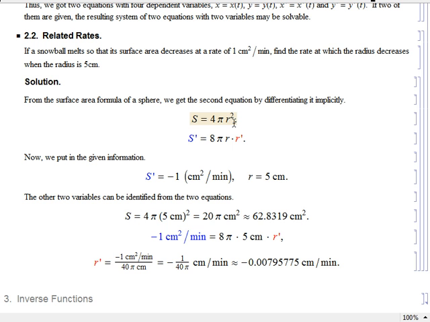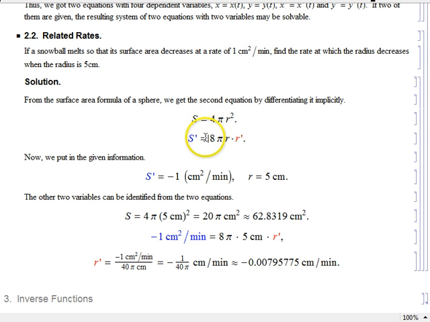If you apply the derivative, you'll have to apply the implicit differentiation technique to both S and r, and we're going to get S prime. That part was simple. The right hand side was a little bit harder because we had a composite function. So 2 comes out, so we have 8 pi r, and then we have this r prime showing up because of the chain rule.